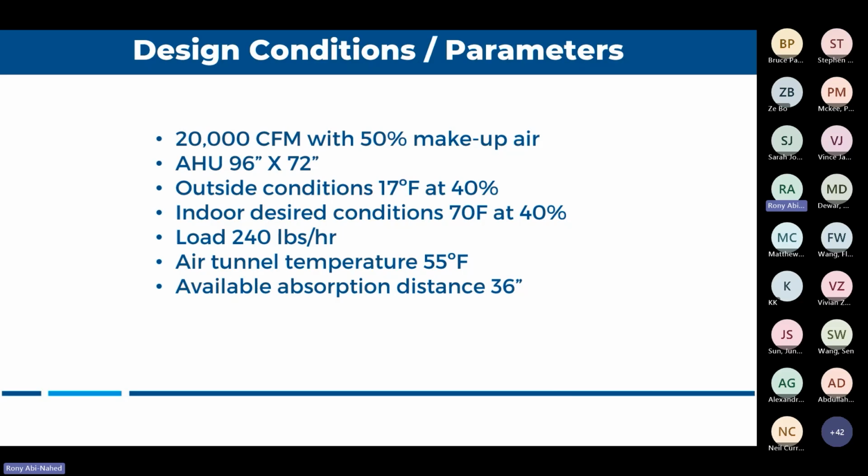So let's say you have a 20,000 CFM unit, 50% makeup air, dimension 9672, outside condition, indoor condition, air tunnel temperature, and you have a 36-inch absorption distance. So based on this information, I know that I need a 240-pound unit.